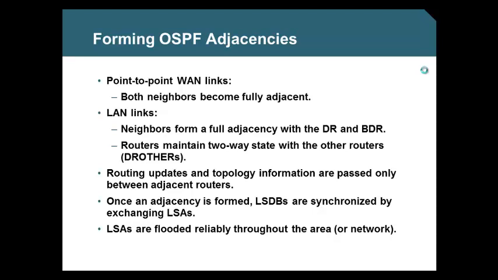But in OSPF, some authors give them different meanings. What I want to say is that full adjacency is one type of neighborship. Two-way adjacency is another type of neighborship. Full neighborship, two-way neighborship. These are the two actual classifications.